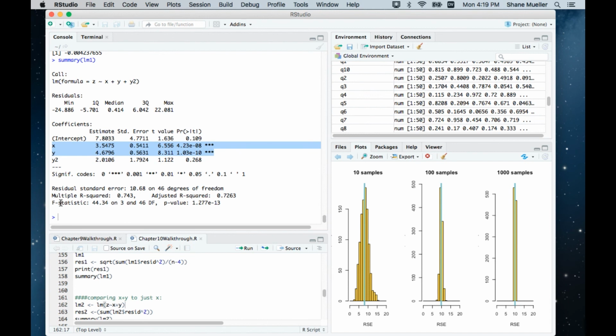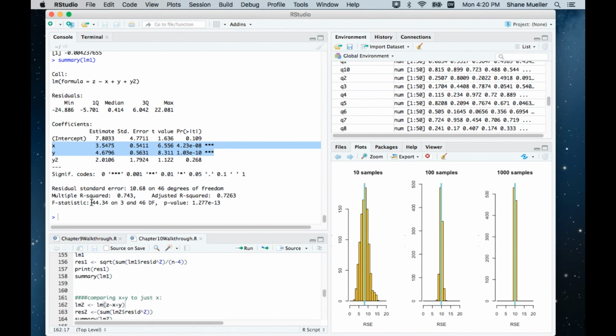So what you're saying is, I've got these 3 predictors here and 46 residual degrees of freedom, and if there were really no difference, I'd expect a certain distribution on a scale comparing residual standard error. But the F statistic is always comparing 2 models.